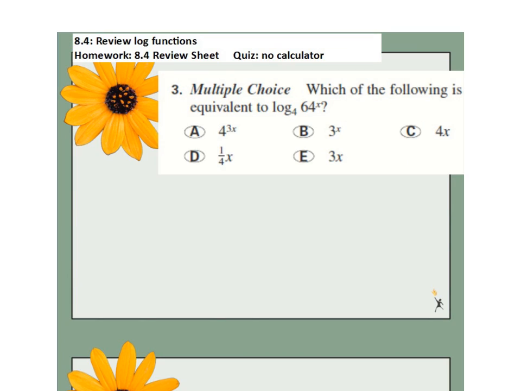Okay, try this one. I'm going to make 64 a base of 4, which is 4 cubed, and leave the x where it is. So because our bases are the same, 4 to what power is 4 to the 3x? That is 3x.